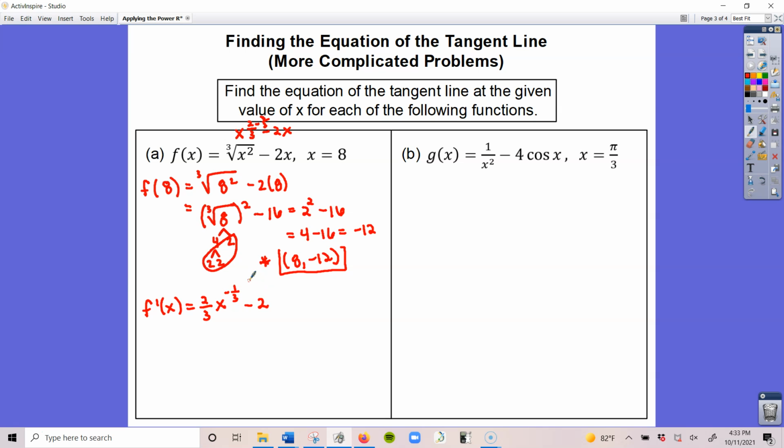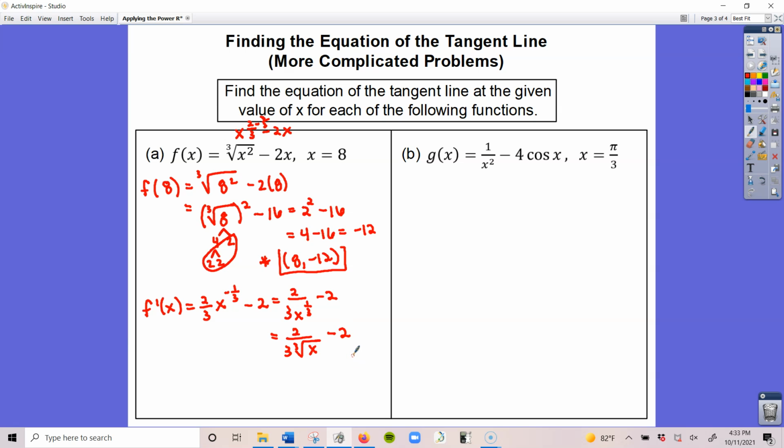Now the reason why we were practicing rewriting it using positive exponents and then rewriting it with radicals is because if you plug in 8, unless you can already visualize what that rational exponent does, it's harder to find that value. So I would rewrite this using my positive exponents. So this is 2 over 3 x to the 1/3 minus 2, and then further rewrite this using the radical, which would be 2 over 3 cube root of x, then minus 2.